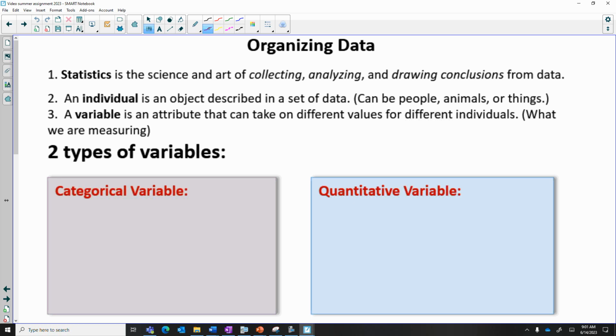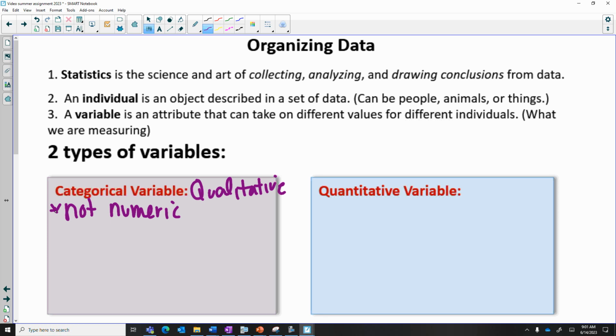Categorical variables, another word for it is qualitative variables. And basically, these are not numeric. So we are taking people and we are putting them into categories based on something.